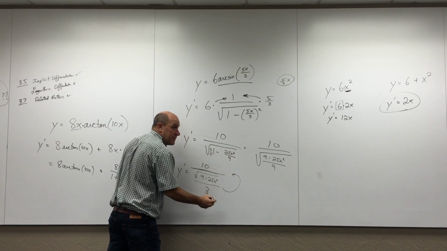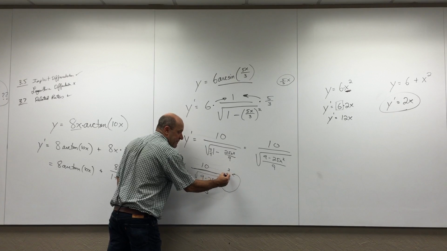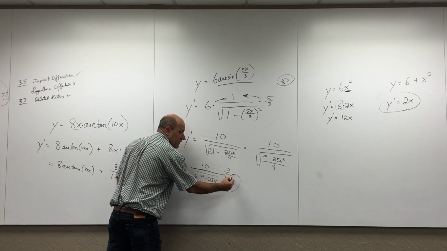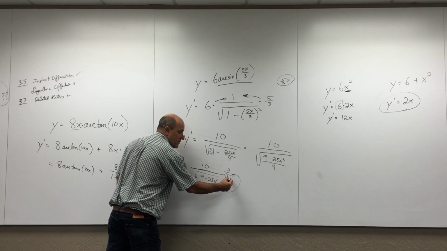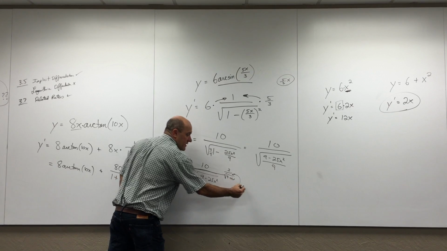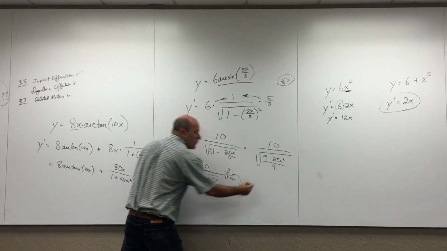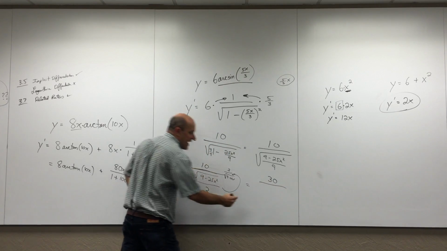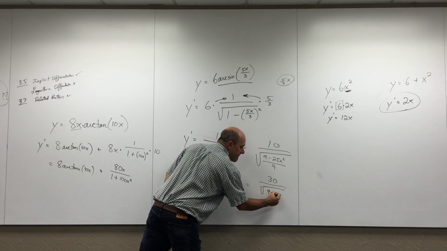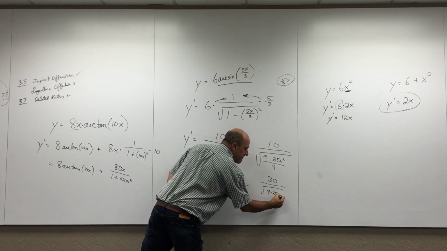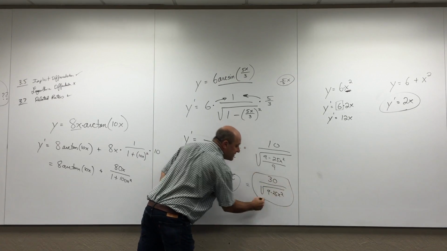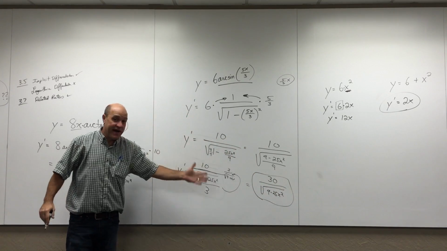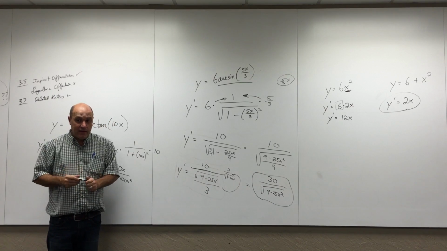If I flip him up, I multiply by 3 over this square root. You guys okay? Yeah. So now I end up with 30 over the square root of 9 minus 25x squared. That's my simplified derivative. These guys simplified big time, as you can tell.